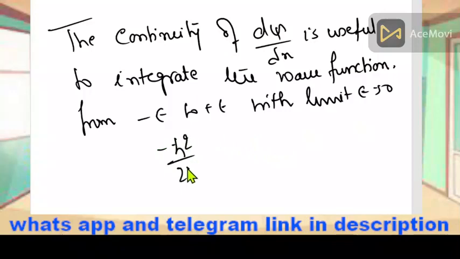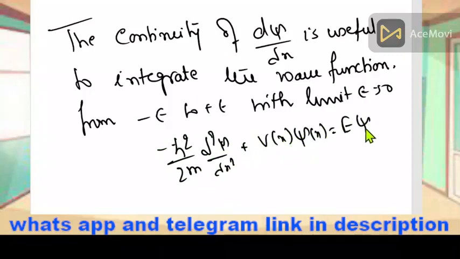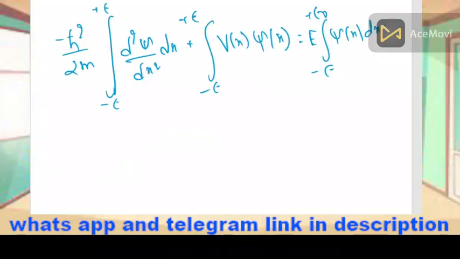You are integrating the Schrodinger equation, minus h bar square by 2m d2 psi upon dx square plus V(x) psi(x) is equal to E psi(x), between minus epsilon to plus epsilon. In the limit epsilon tending to 0, the region of interest is shrinking. It is becoming narrow. This is the idea here.